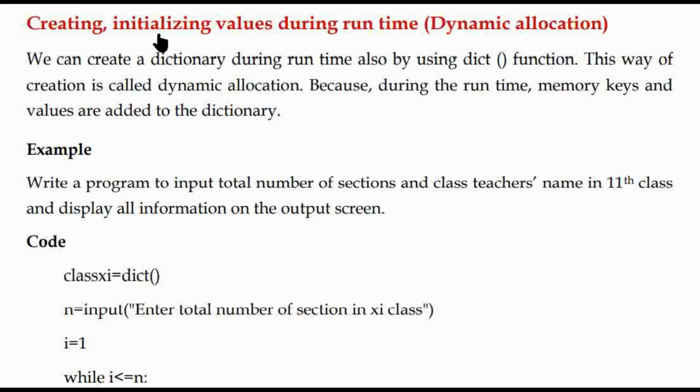Creating and initializing values during runtime, dynamic allocation. We can create a dictionary during runtime also by using the dictionary function. This way of creation is called dynamic allocation because during the runtime, keys and values are added to the dictionary.